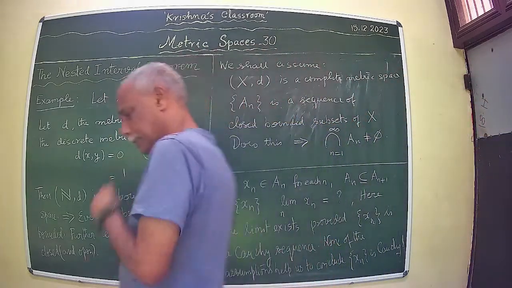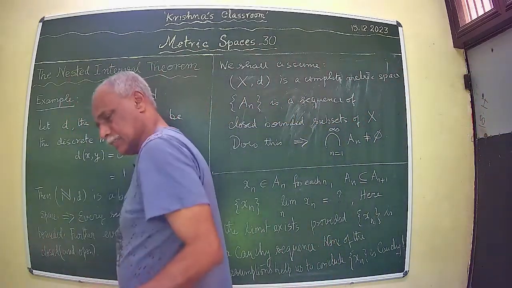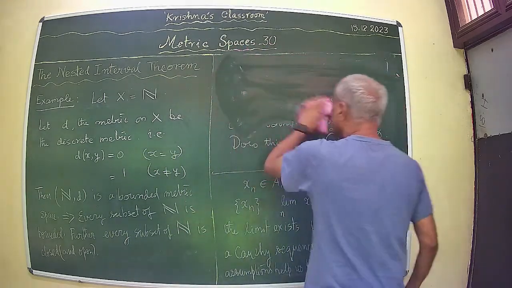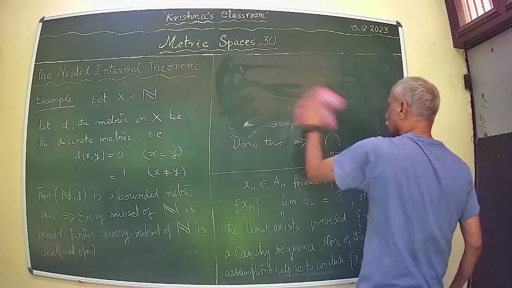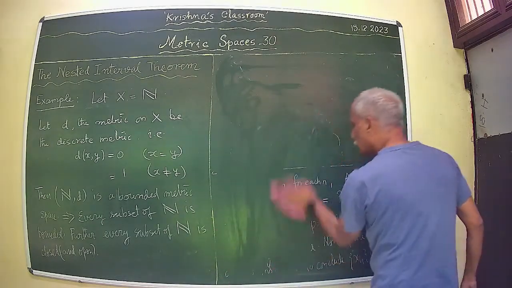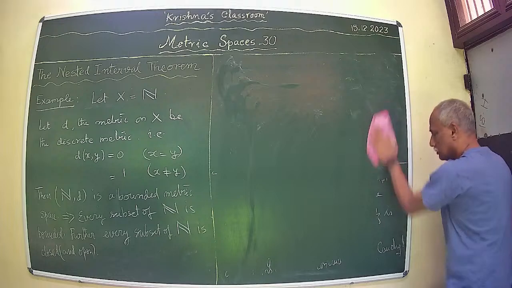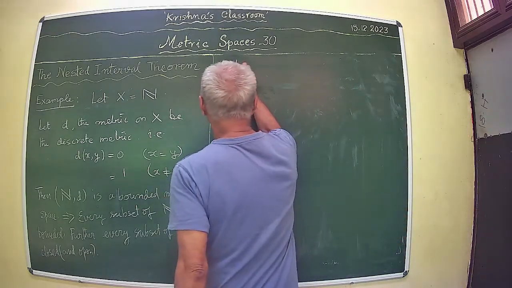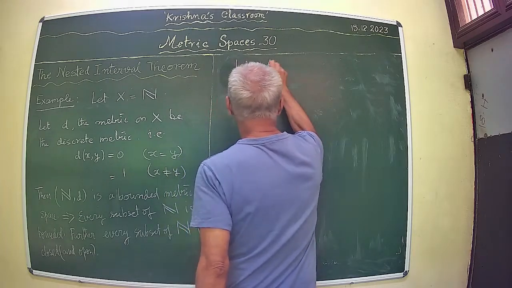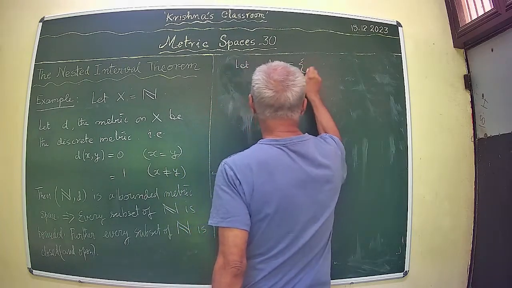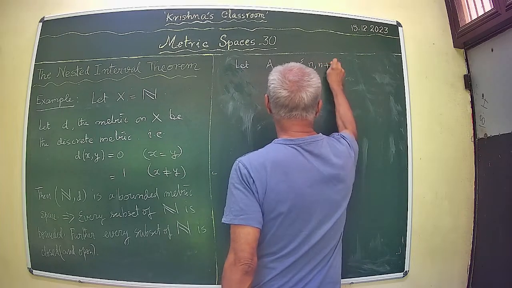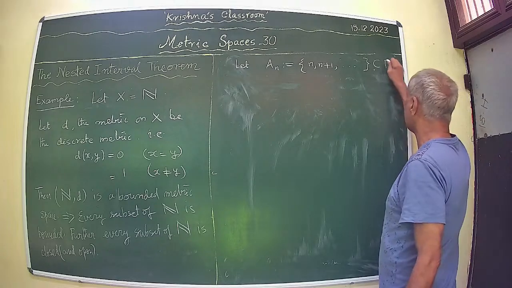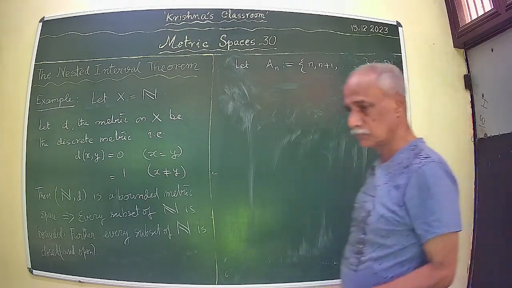So suppose you take A1 and A2 and so on. So let's take a specific scenario, etc. This collection.